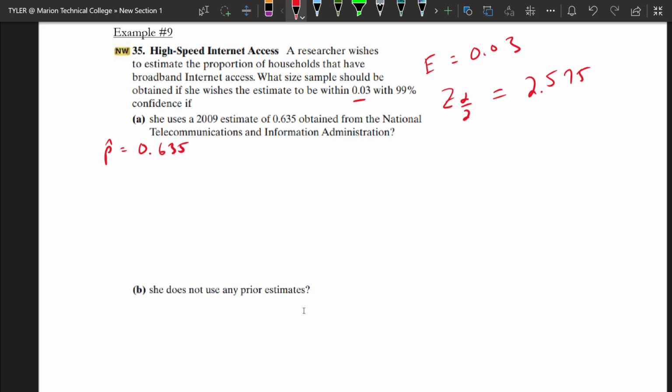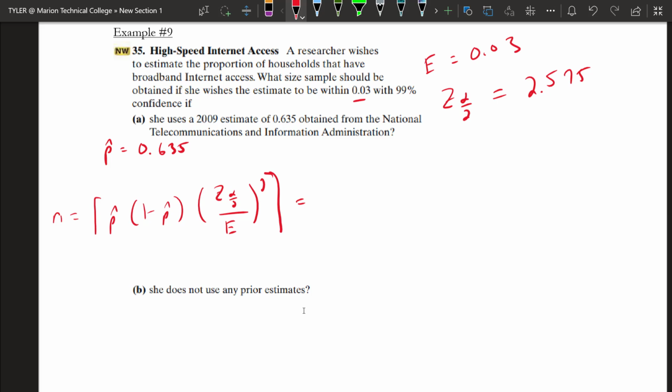So now that I know all those pieces, I can figure out what n should be for part A. So n is equal to the ceiling of p hat times 1 minus p hat times the critical value z of alpha divided by 2, divided by e, quantity squared.